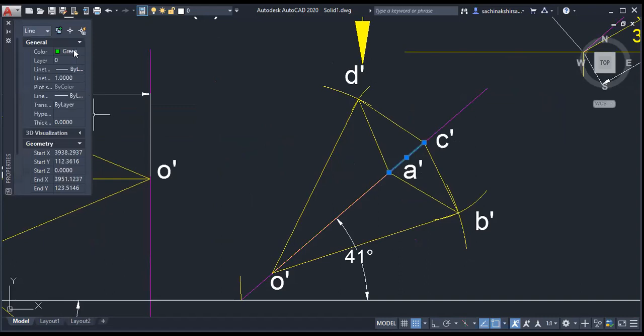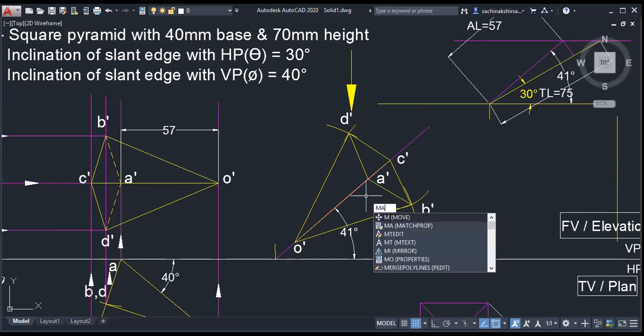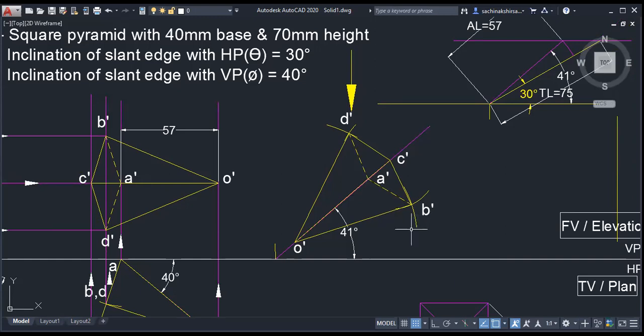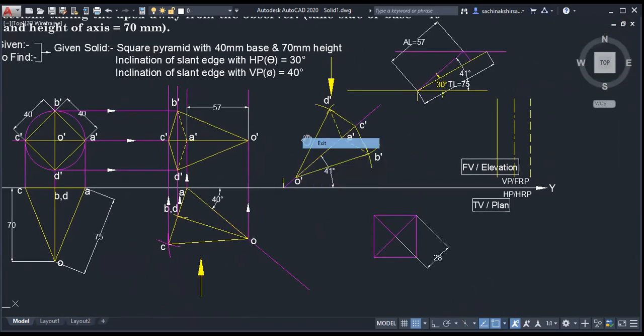So is it necessary to think about dark line and dotted line? Or whatever we got in earlier view, the same we have to give here. Whatever we have got in earlier view, same.